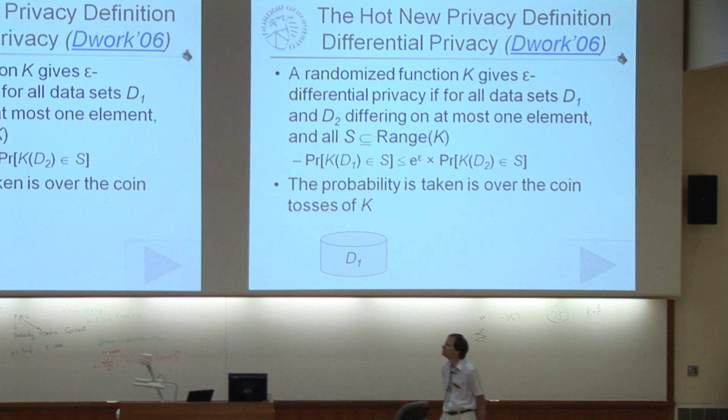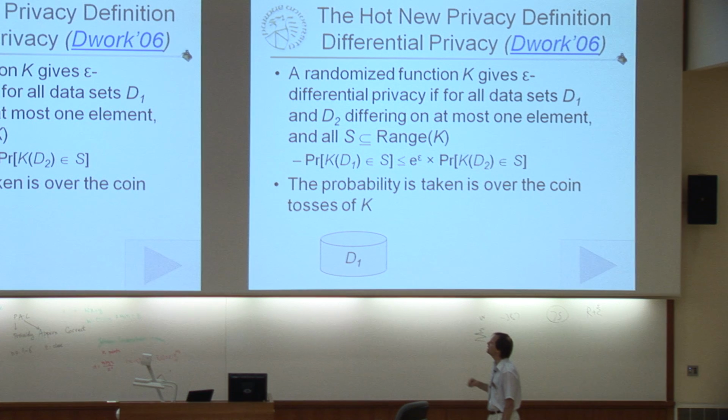There's a new privacy definition, differential privacy. The idea is that you're not going to get access to the data in its original form. You're going to be allowed to get some sort of information from the database, but the result you get is randomized. It may be I ask a query of the database, or it may be I ask to see the data, and what you get back has noise added to it.